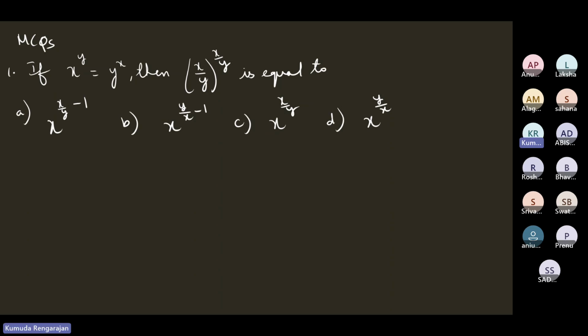Others can keep trying. Ma'am, x power x by y minus 1, ma'am. Share the picture of your answers, Hannah, meaning the steps which you have used to get the answer.